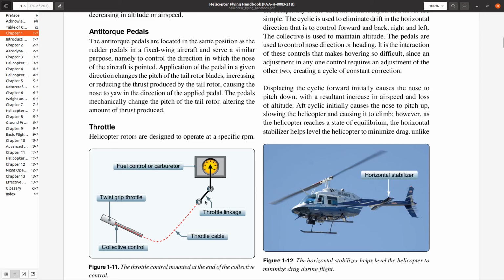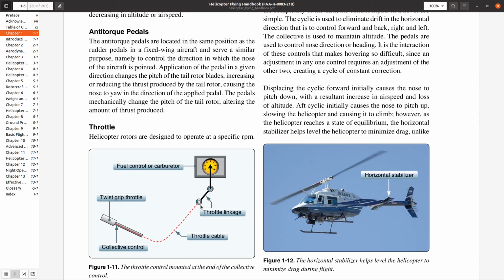And there's a linkage, and that goes into the engine. Now, many helicopters will have a correlator so that as you pull the collective up, it automatically increases this throttle. Because the assumption is if you're pulling the collective up, you needed some more power, right? You're trying to raise the helicopter.